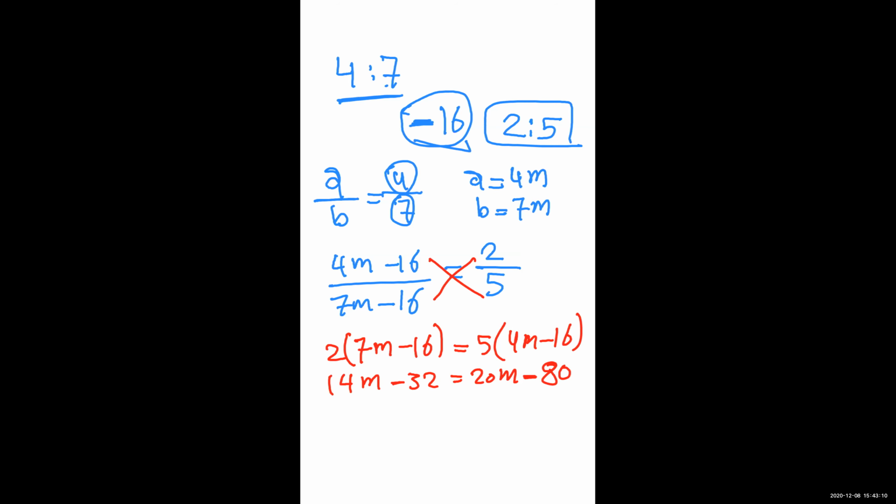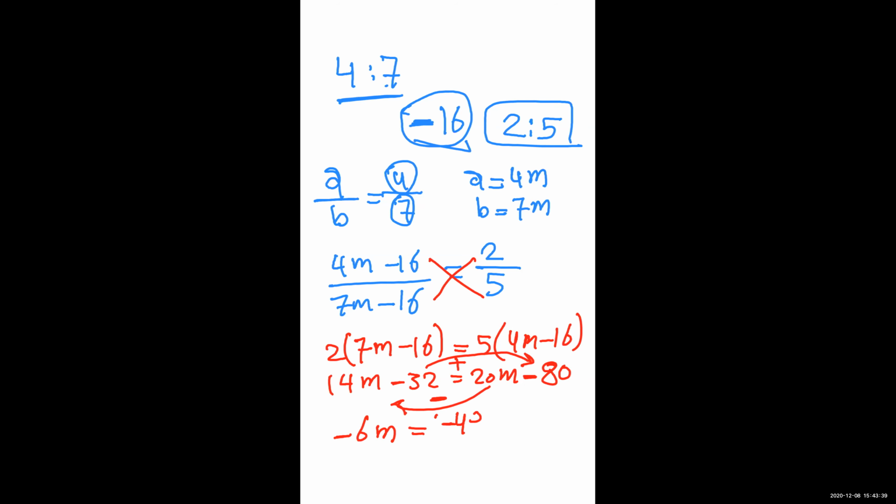Now I want to get the value of M. 20M to this side, negative, of course, because it's positive. So 14 minus 20 means negative 6M will equal 32 to this side, it's negative, so positive. Negative 80 plus 32, so it will equal negative 48.